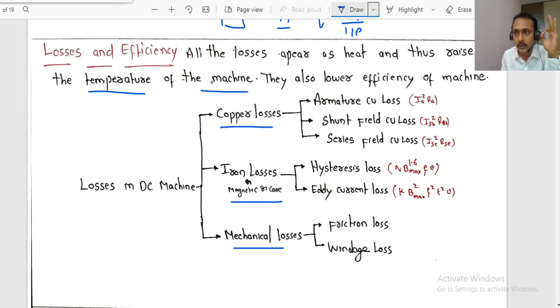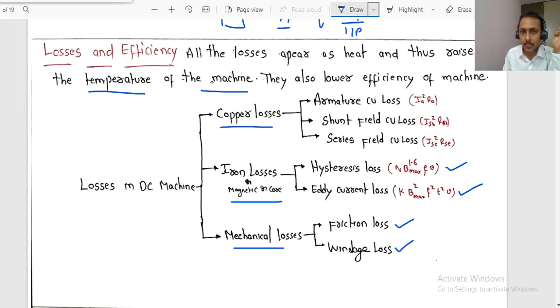Again, copper losses are divided into armature copper loss, shunt field copper loss, and series field copper loss. Iron losses are further divided into hysteresis loss and eddy current loss. For mechanical losses, we have friction loss and windage loss.